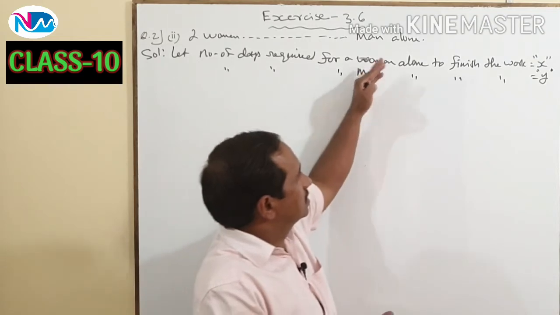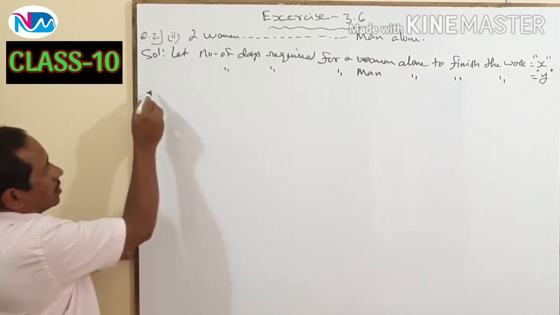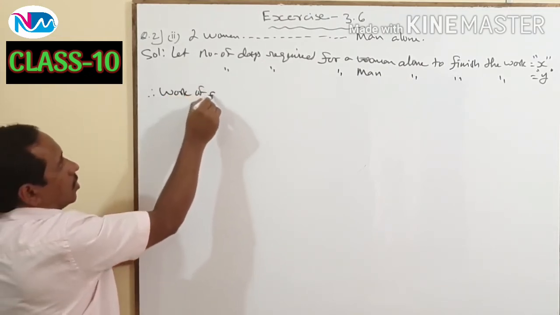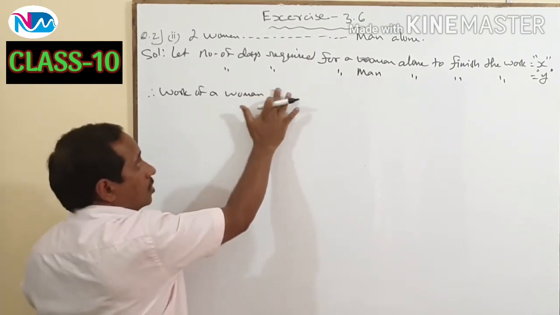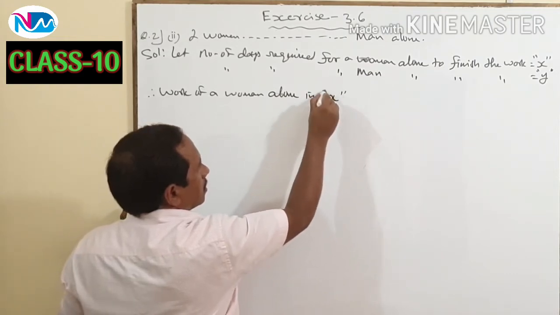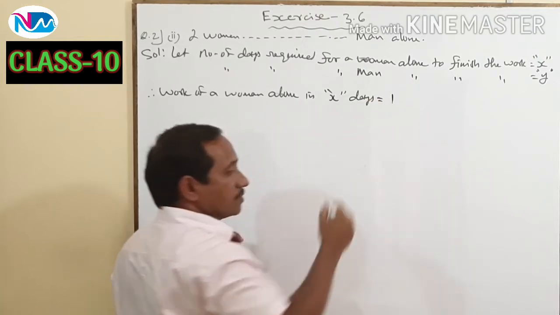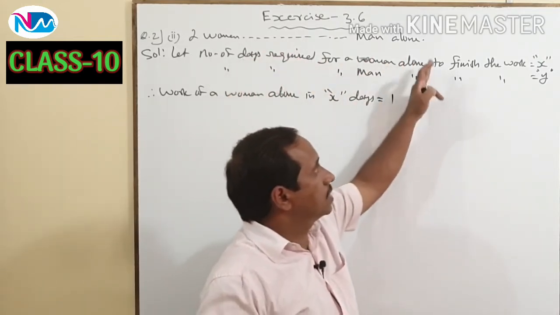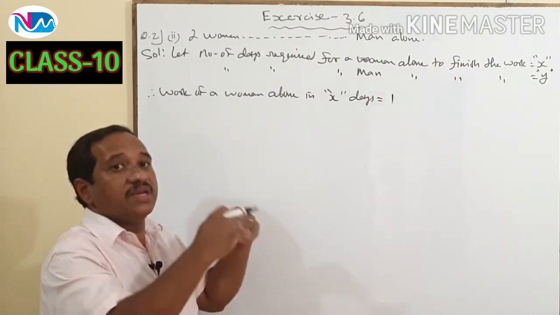So if the same step is written in a reverse order, we can write that. Therefore, work of a woman alone in x days is equal to 1, because number of days required for a woman alone to finish the work is equal to x, means she can finish a work.